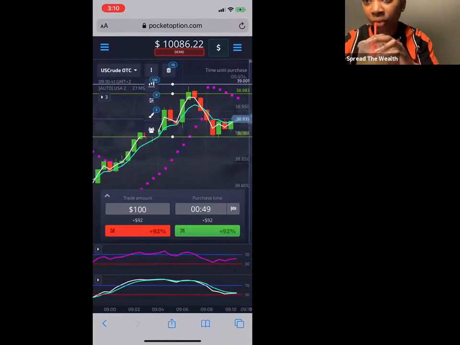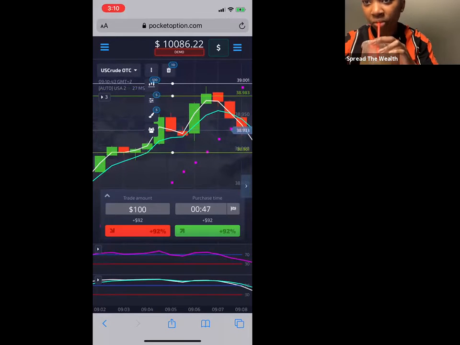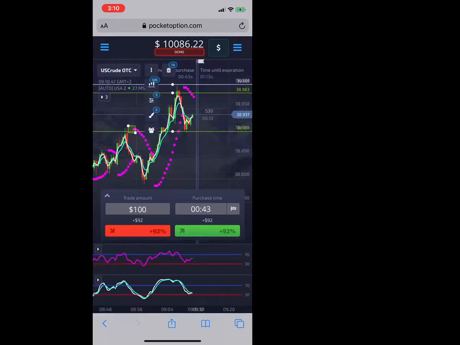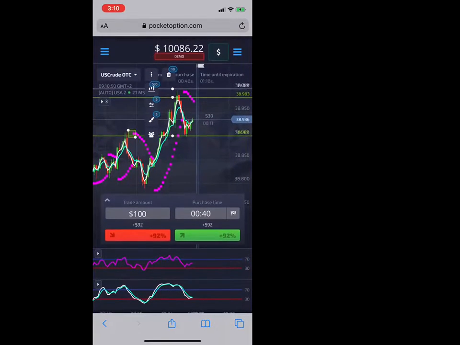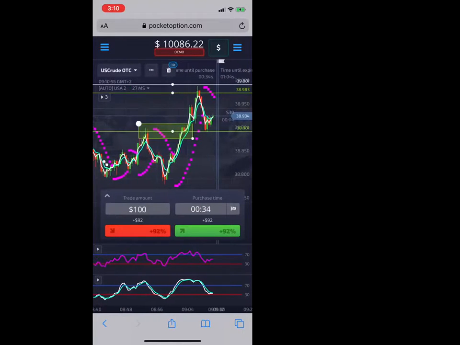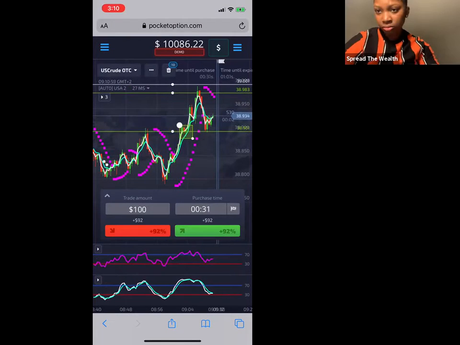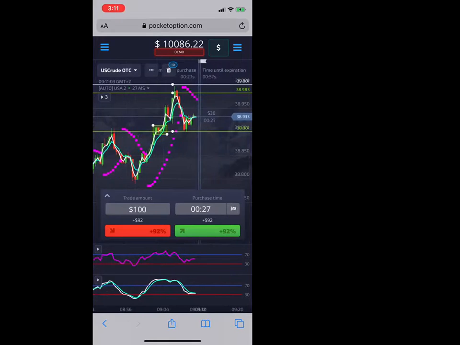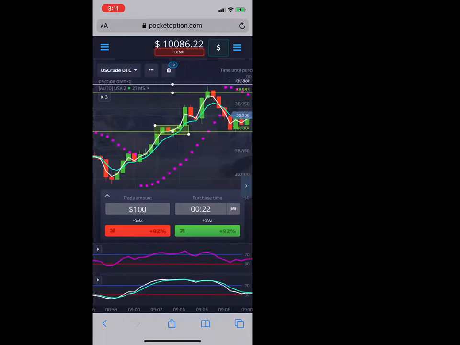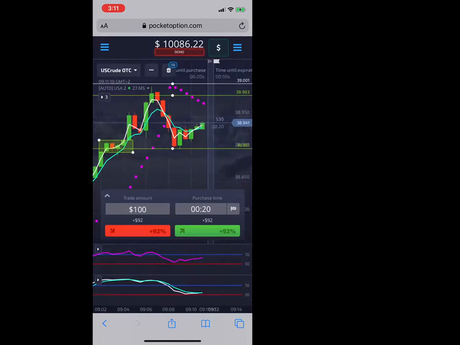Now, not only did it wick off this order block right here as well, not only did it wick off that order block, but it also wicked off that double parabolic. So I would have seen it or looked for a reversal.